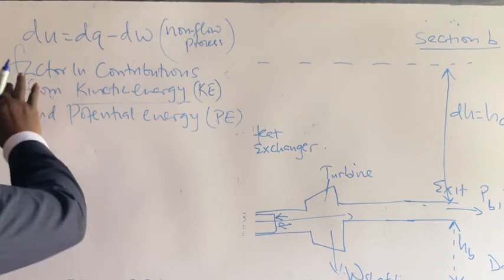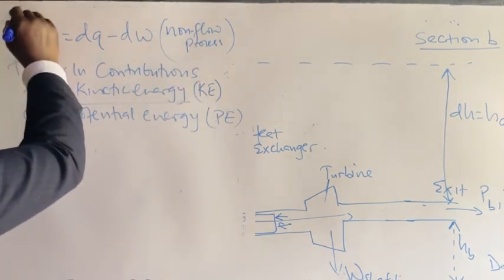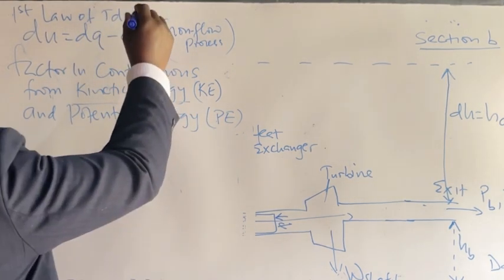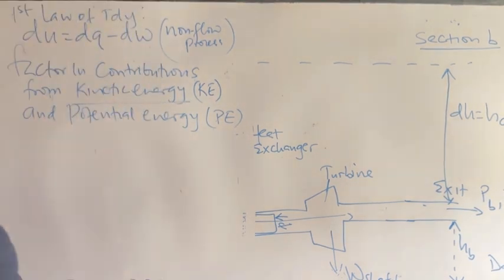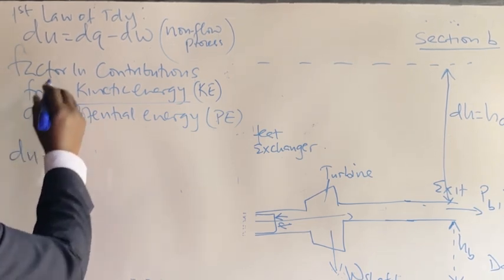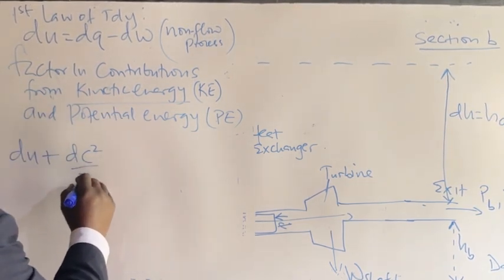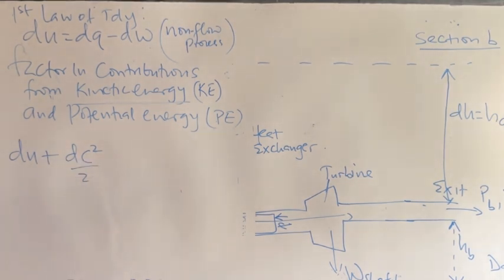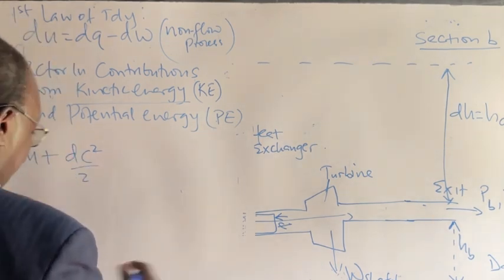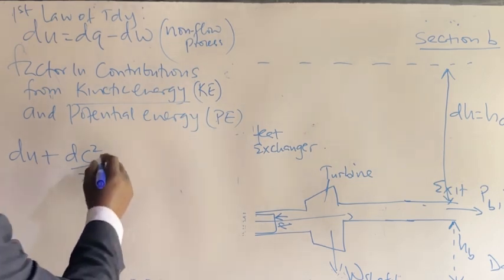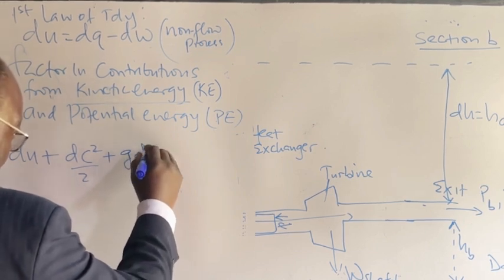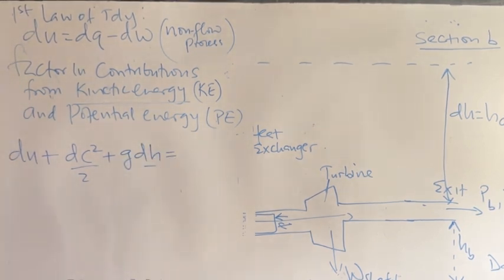So in a nutshell, this first law of thermodynamics can now be recast or rewritten as du, that is the internal energy, plus d(c squared)/2, where c represents the velocity, or we can stick with v, plus g dh for the potential energy.